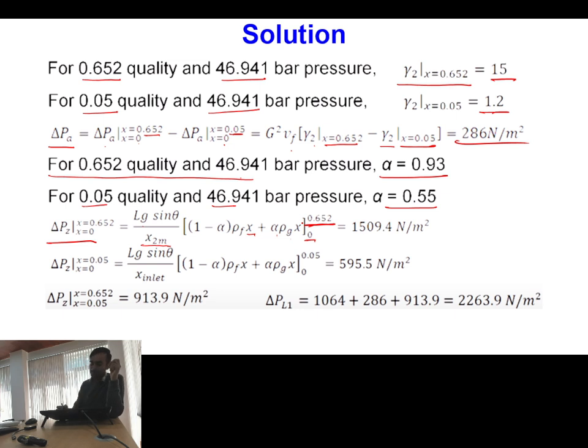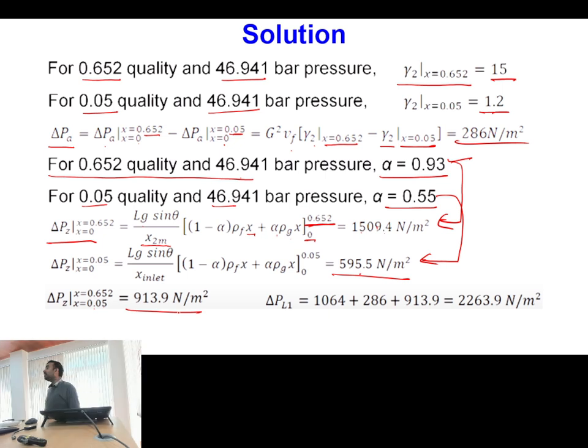Okay, so now you know the value of alpha as 0.593 for the first case, which will give you the value of 1509.4, and for the second case the value of alpha is 0.55 and you will get a pressure value of 595. Then the pressure drop from 0.05 to 0.652 will be this minus this, which comes out to be 913.9 Newton per meter square.